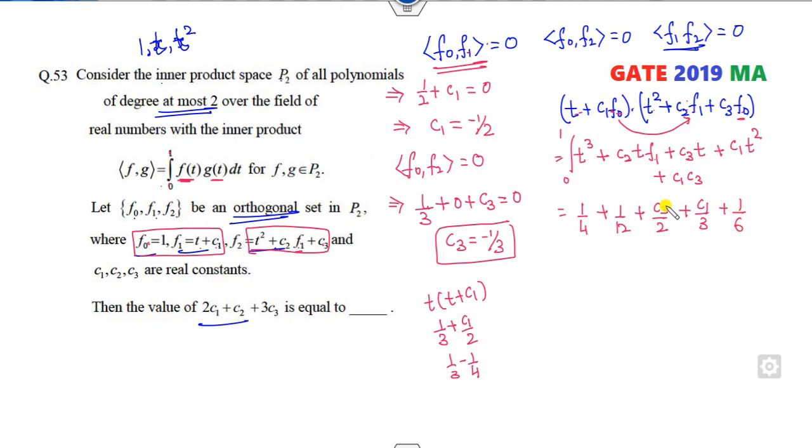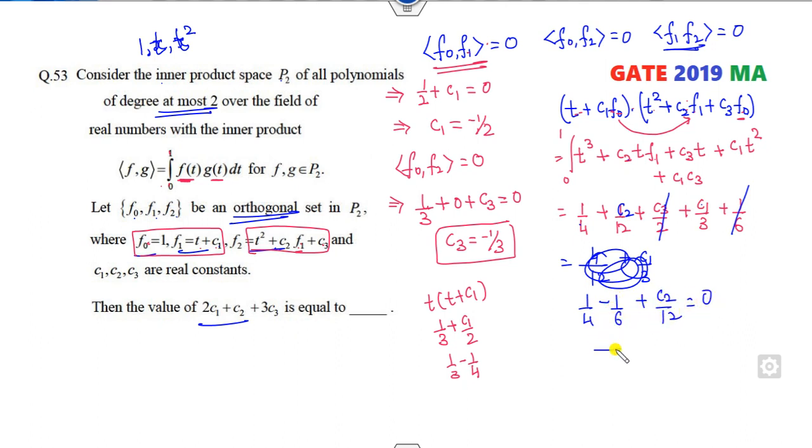Now you can see c3 is minus, so this value will be cancelled out. c1 is minus 1 by 6. So the answer of this is 12 as the LCM. It's 4, this is c2. So 1 over 4, c1 is minus, so minus 1 over 6 plus c2 over 12 is 0.